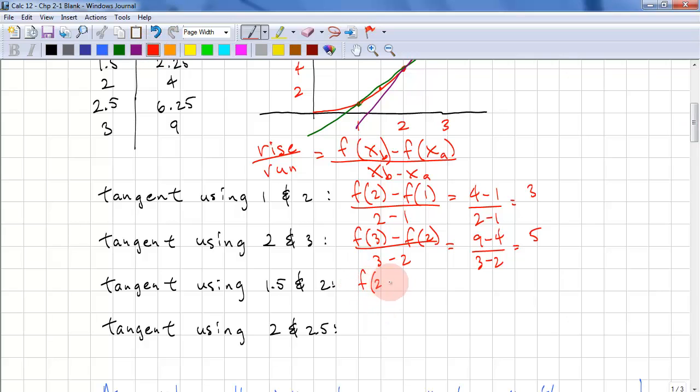f of 2 minus f of 1.5 over 2 minus 1.5, and we have 4 minus 2.25 over 2 minus 1.5. That's 1.75 over 0.5, which gives us a value of 3.5.